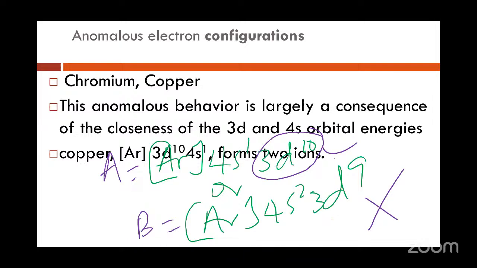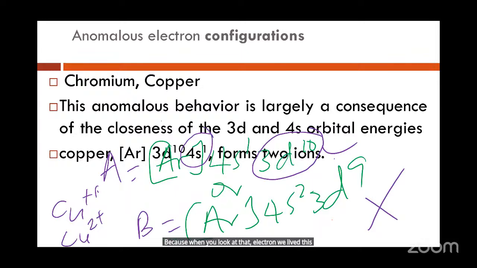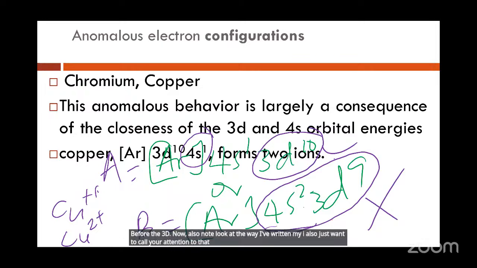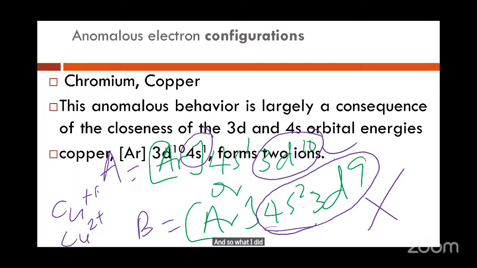And you can now use that to explain why copper 1 can exist and why copper 2 plus can also exist. You can use it to explain that, because when you look at that, electron will leave from the 4s before the 3d. Now, also note the way I've written, I just want to call your attention to that. In some textbooks, they will put 3d before 4s. In some other textbooks, they will put 4s before 3d.